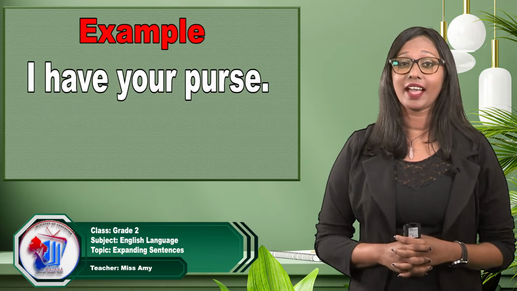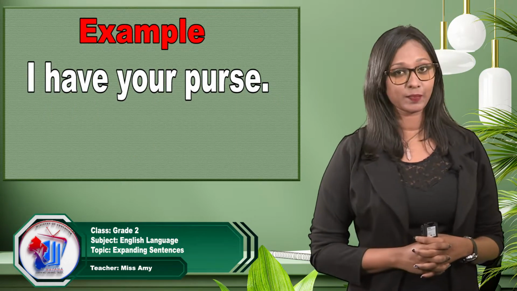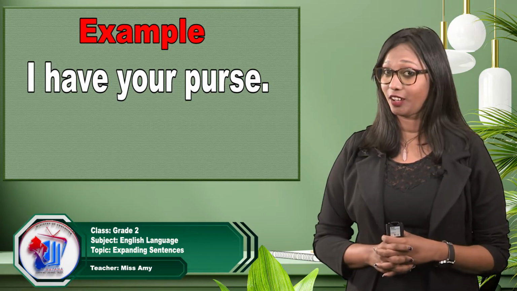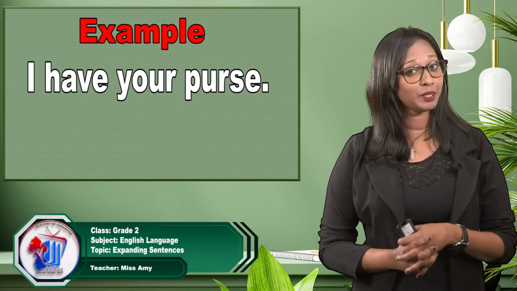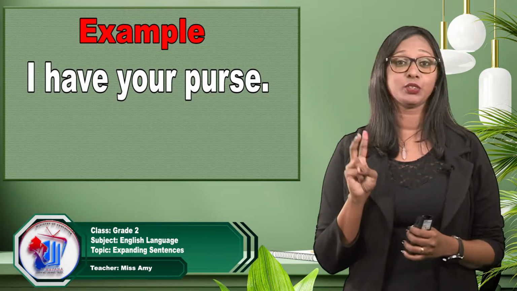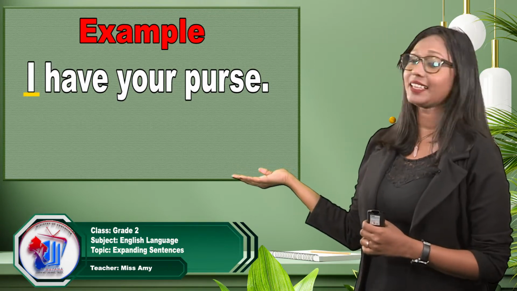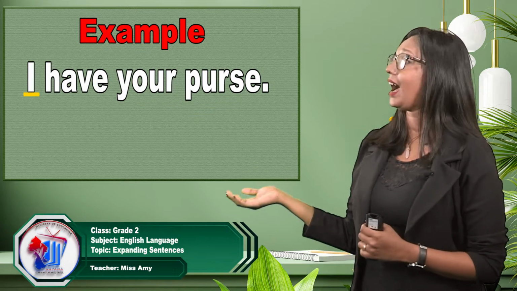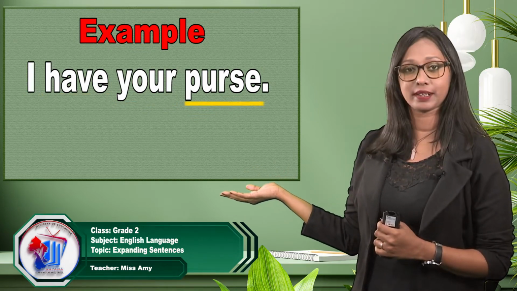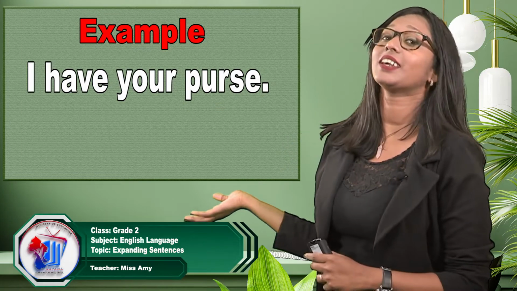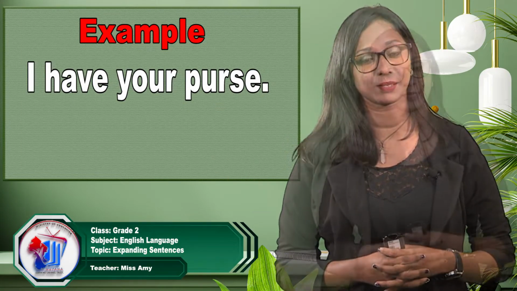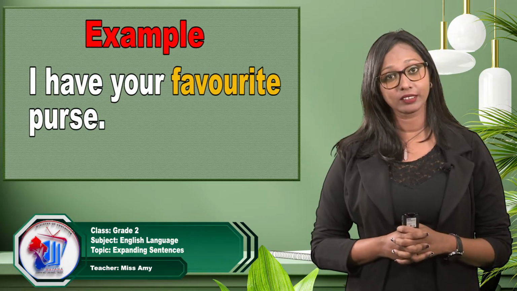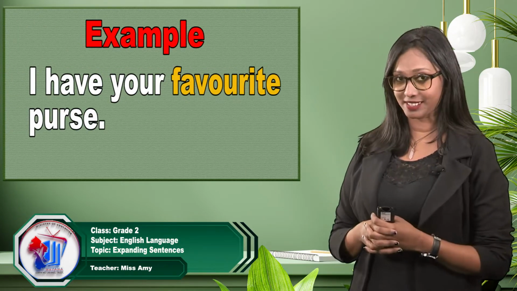Okay? Now I have one more sentence for us. I want us to read this sentence together. So at the count of 3, you will read with me. Ready? 1, 2, 3. I have your purse. We want to expand this sentence. So we can say, I have your favorite purse.